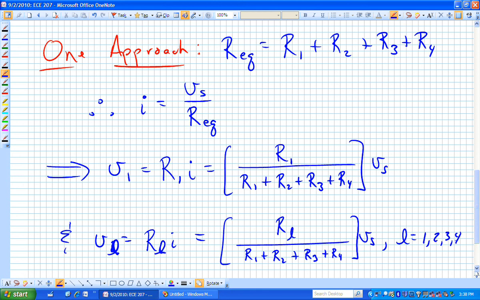Questions on that? That's the voltage divider. That's how the source voltage will be divided among those four loads or those four resistors. It is simply the source divided by all of the resistance, and then you scale it by whichever resistor you're interested in finding its voltage.